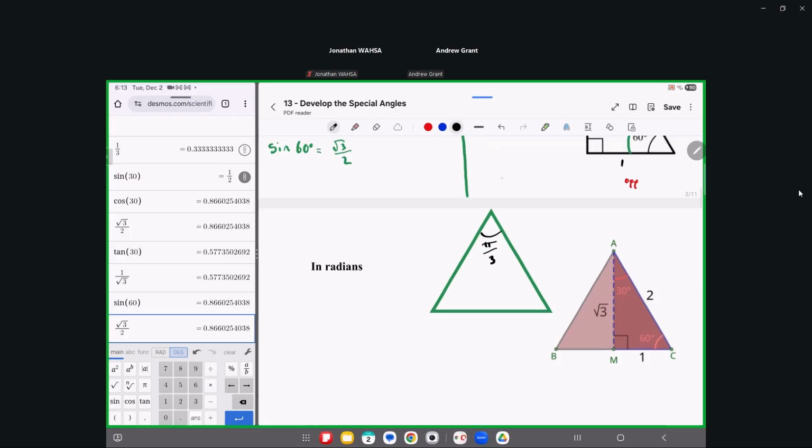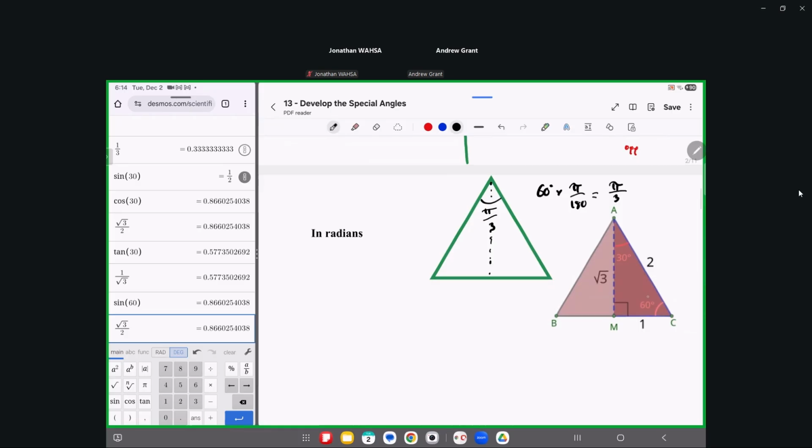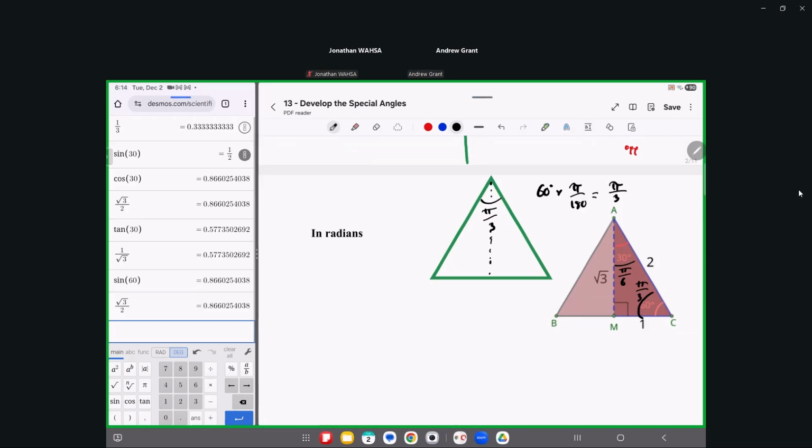So remember, if you take 60 degrees and multiply it by pi over 180, this is equal to pi over 3. And so if you were to divide this down, you would still have this 30, 60, 90 triangle, except now the 60-degree angle would be pi over 3, and the 30-degree angle would be pi over 6. The math from all of this would still follow the same.